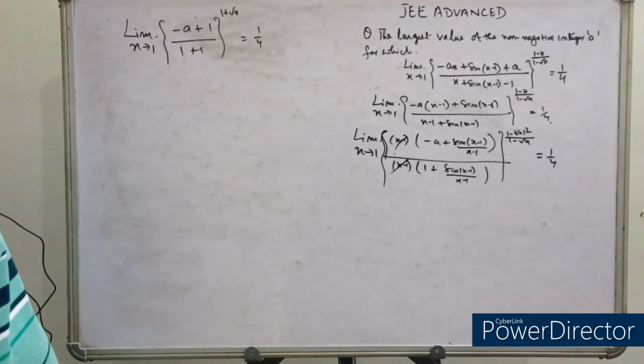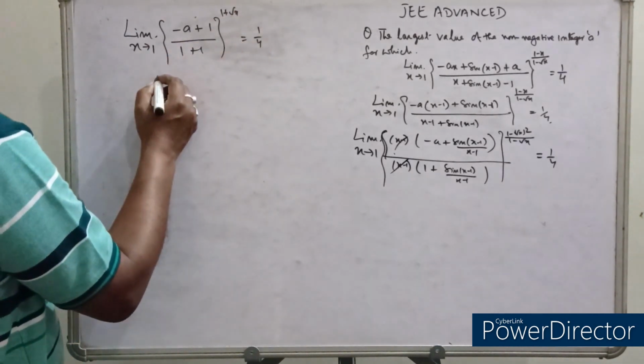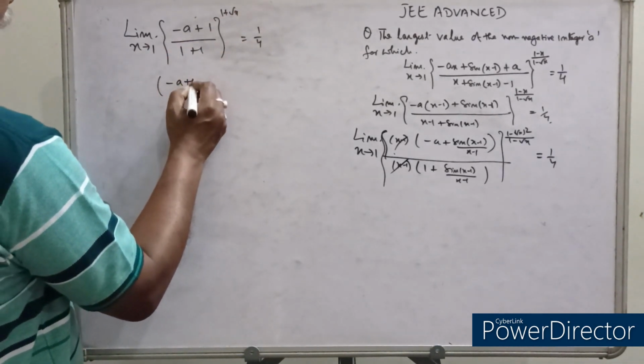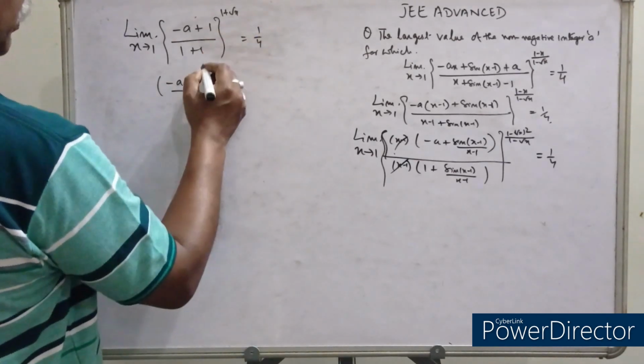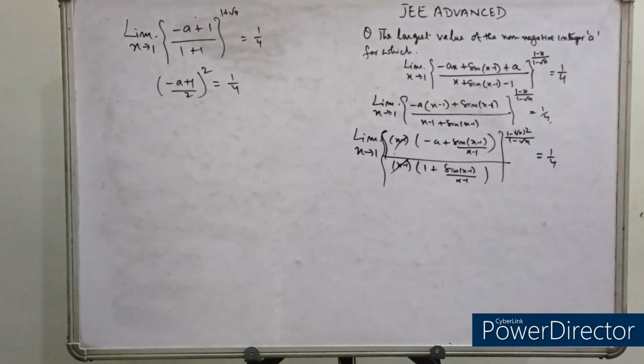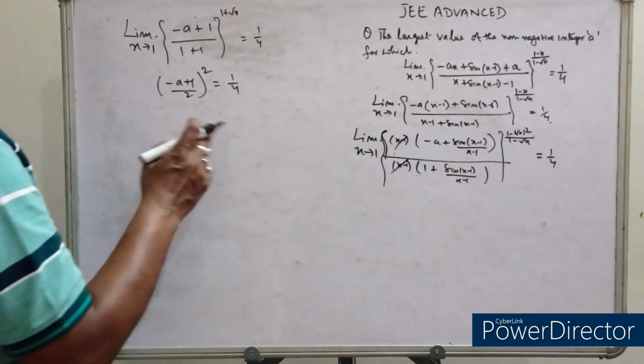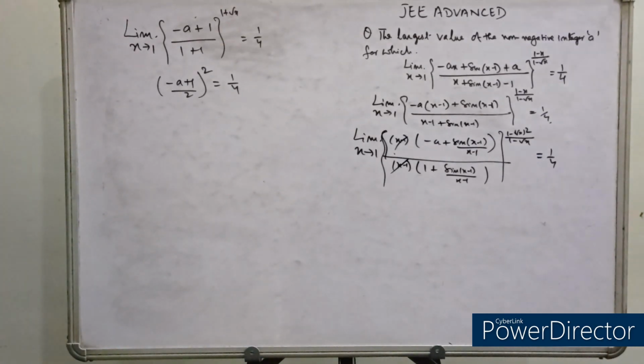Now you can release this limit. So it will be ((-a + 1)/2) to the power (1 + 1), that is 2, equal to 1/4. Now you can take the square root on both sides.